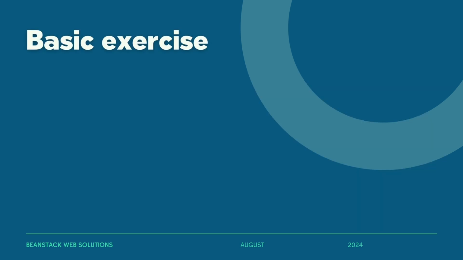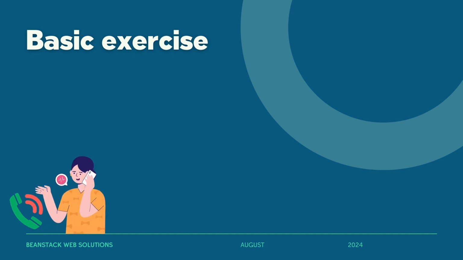Let's try a basic exercise. I want to take a moment to map out your current lead management process. So that's how you manage your contacts from the point that you get that first phone call and they enter your system.